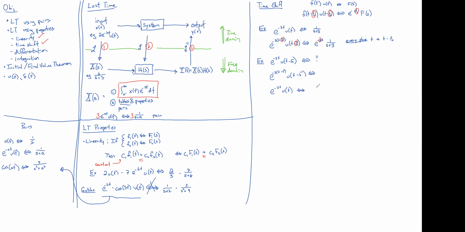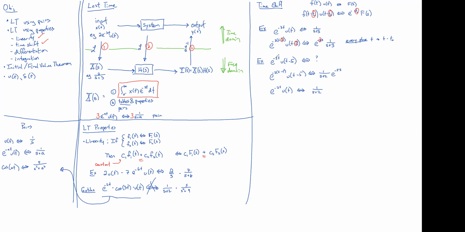And this we know has a transform of 1 over s plus 2. So therefore this, which is just delayed by 5, would have to be 1 over s plus 2 times e to the minus 5s. But sadly, that's not what we're given.